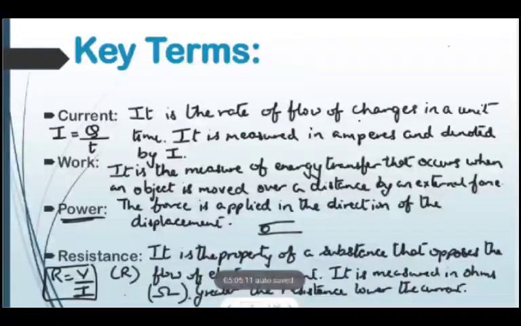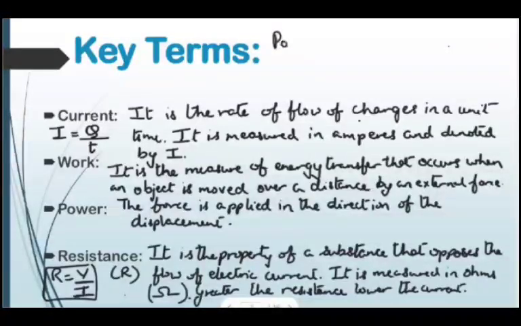So if there is an electron, here's the electron. I'll just make it like a small dot. How fast will this electron jump across the circuit? Is power the speed? So how will we write this down? I think I'll write it on top.